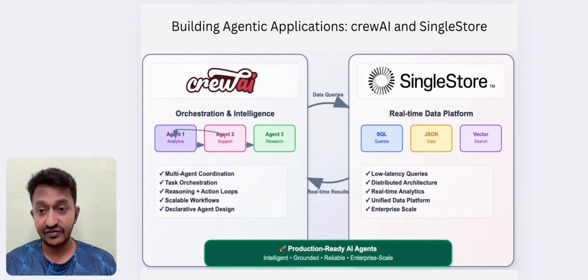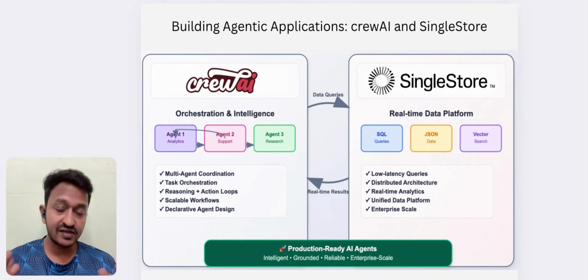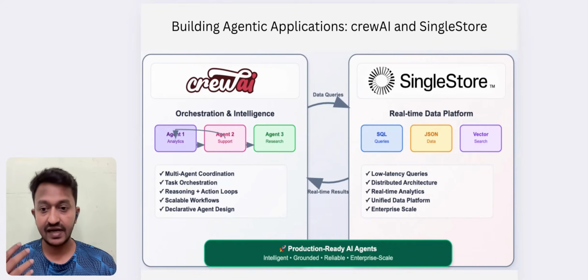So together, CrewAI and SingleStore will enable you to build production-ready AI agents and agentic applications that don't just think but act, querying live data, generating insights, and responding in milliseconds, right?